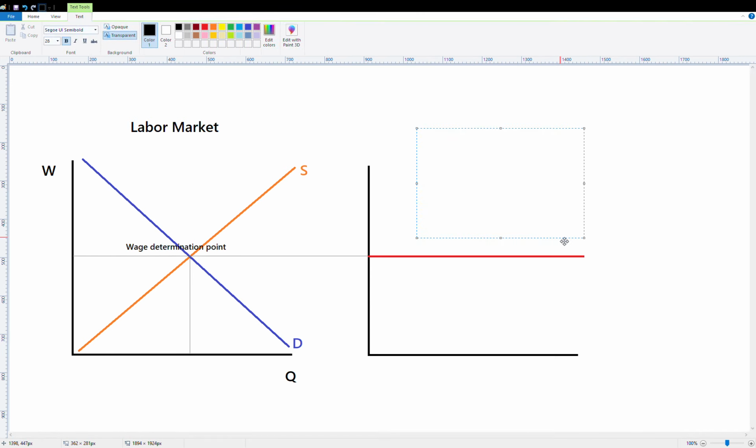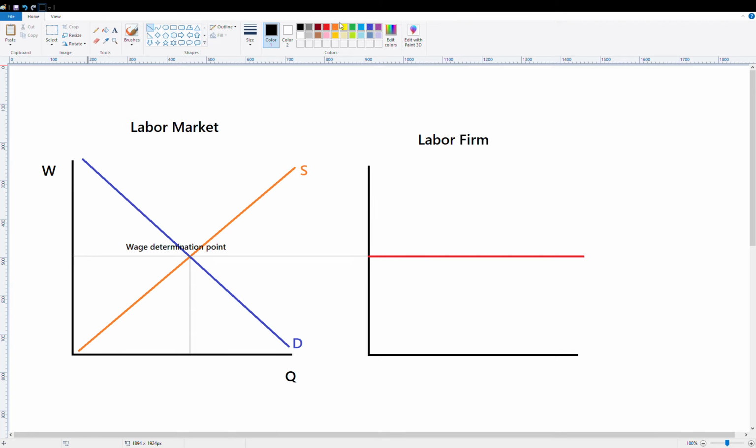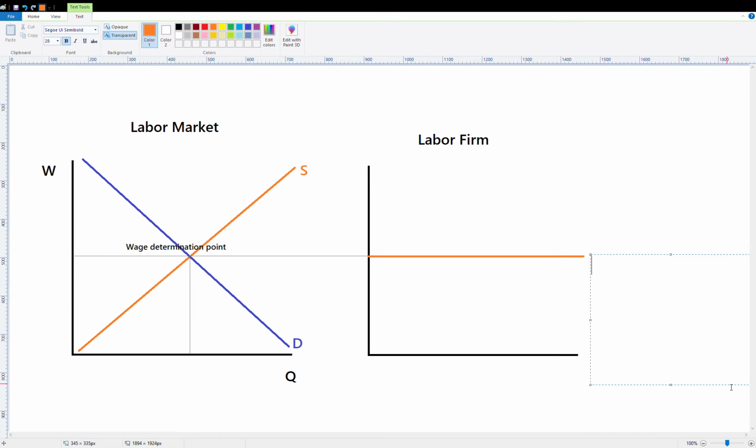So this is the labor firm. This is not the MR. Oh my god. This is actually the MC, the marginal cost, which is equal to the value of the marginal product of labor, which is the same as the wage.